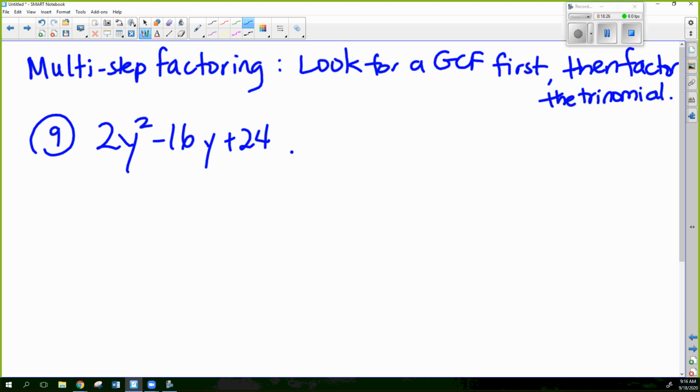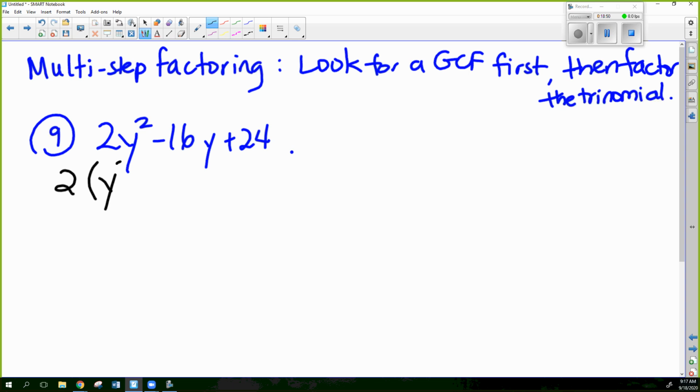What goes into every piece here? 2. But no letters, right? Because the 24 doesn't have a letter, so I can't take out a y. All right? Do not go straight to your double parentheses. You have to figure out what's left after you take out the GCF.